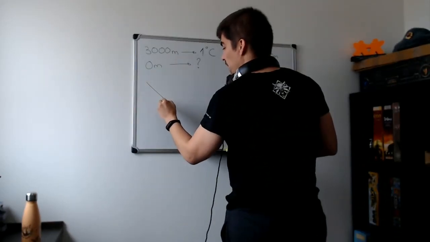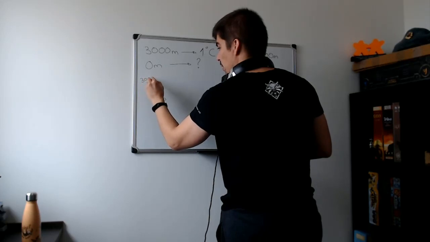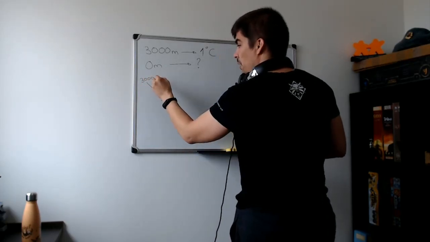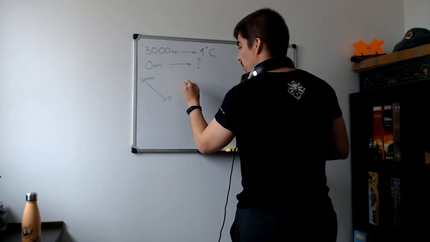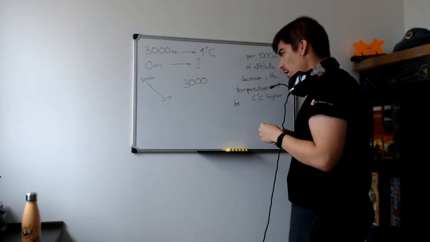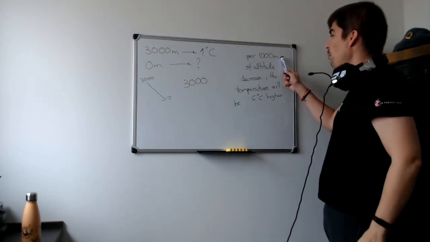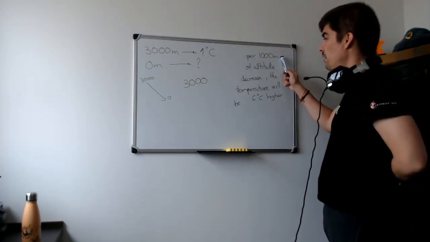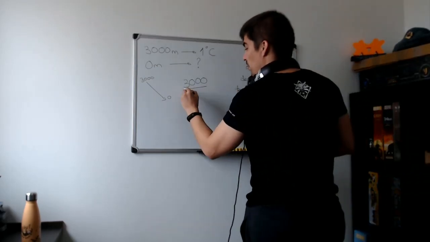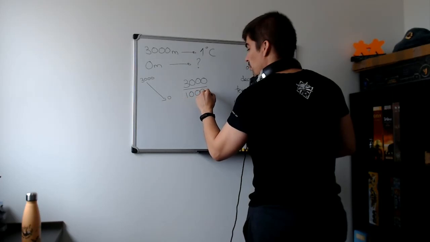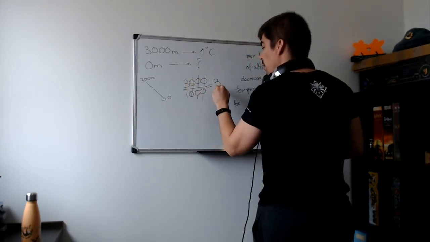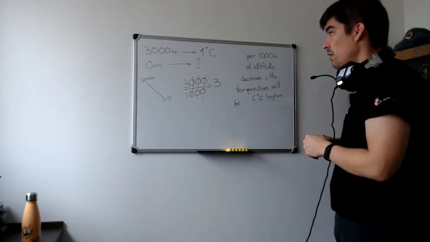Here 3000, here 0. So what is the difference between 3000 and 0? It's 3000. 3000 minus 0, it's 3000. How many times 1000 is contained in 3000? Let's make a division. 3 divided by 1 is 3.